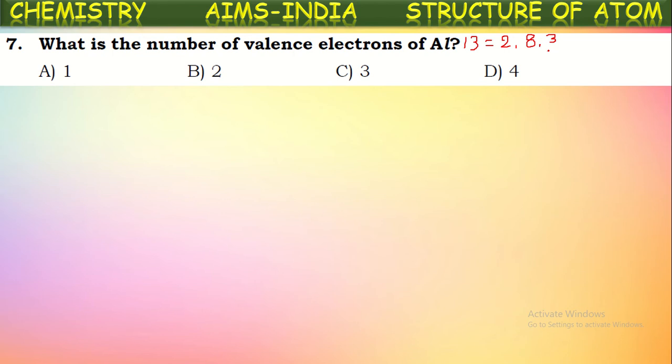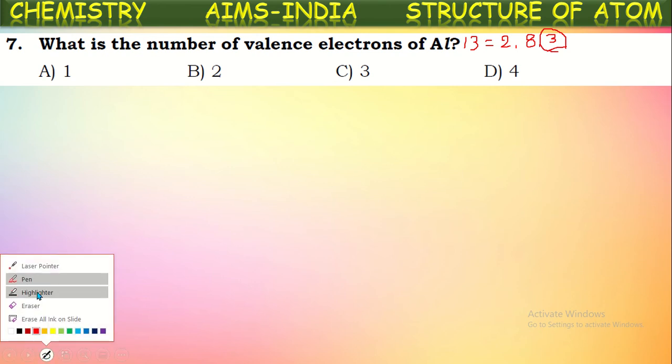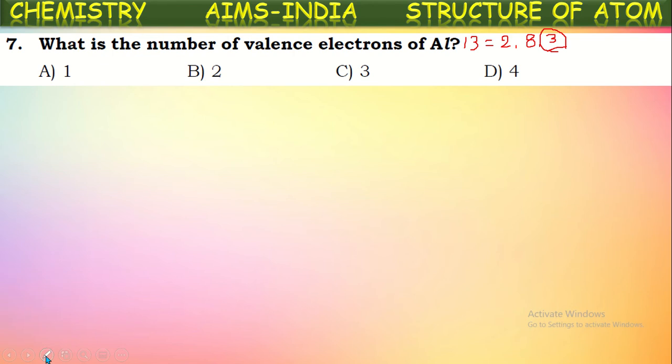Means in the last shell there are 3 electrons. The number of electrons present in the last shell or valence shell is its valence electrons. So aluminium has 3 valence electrons. The number of electrons in the valence shell for aluminium is 3.